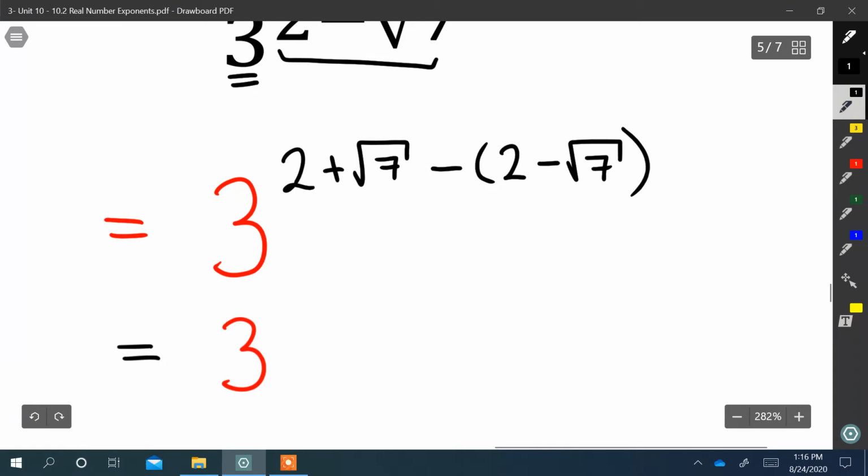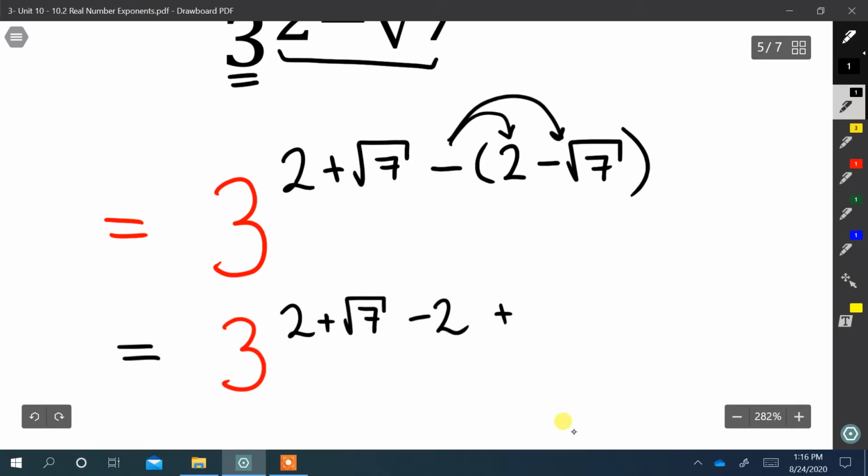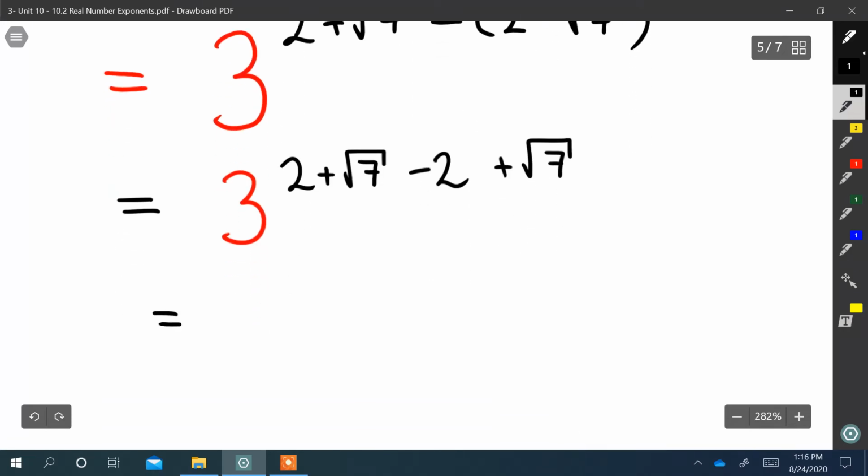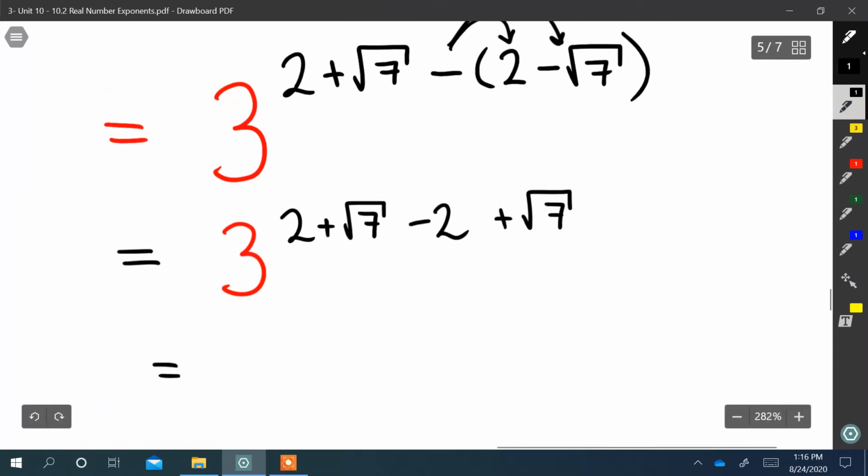So now I'm going to distribute that negative right there. So that becomes -2, and this becomes positive square root of 7. In this round, this and this cancel out. But then we do add this plus this right here, and we get 2 square root of 7.